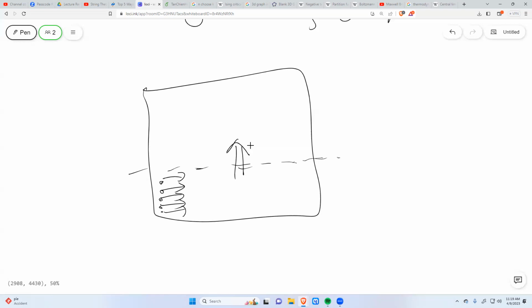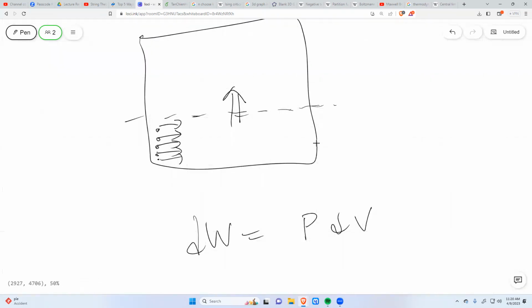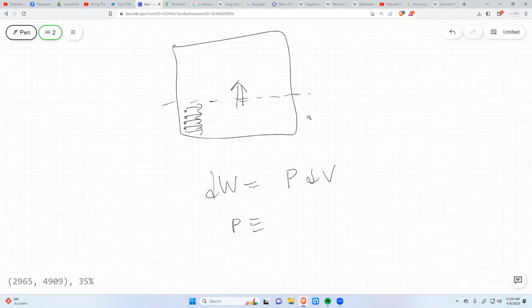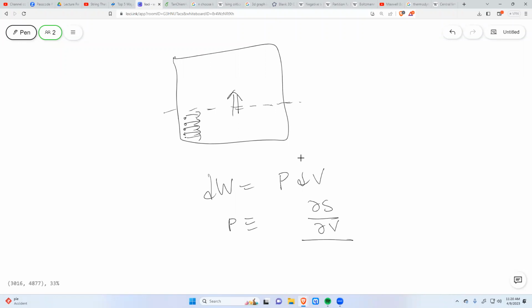The second thing that they teach us, before I move on, is another important equation that we learn in thermodynamics: dW is PdV. But in the case of statistical mechanics, we can somewhat assert that P was basically defined as a quantity, that quantity being partial S partial V divided by partial S partial E. Or maybe there was a minus sign.